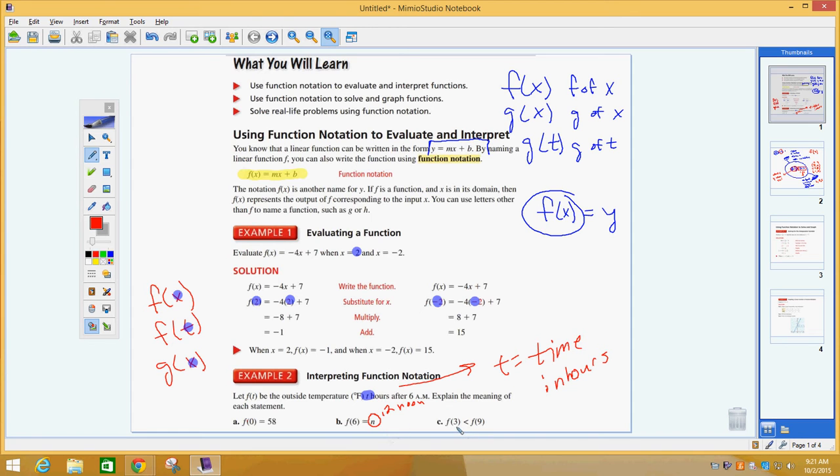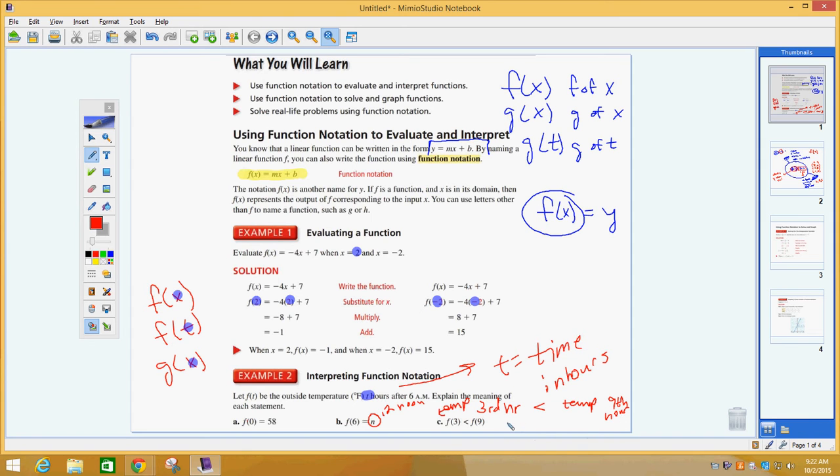And then finally for C, it says f of 3 is less than f of 9. What this is saying is that the temperature at the 3rd hour is less than the temperature at the 9th hour.